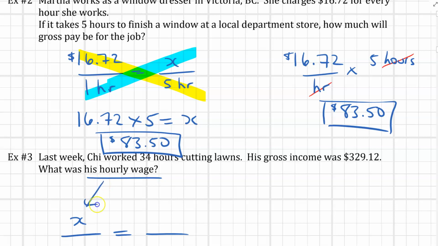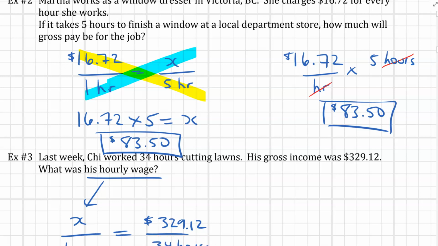So that's going to be this part that we don't know, and that's how much money they make in 1 hour. So that's what an hourly wage is. On the right hand side, at least what we did before, how much money they made altogether was on the top. So that would be $329.12. And how many hours? 34 hours.